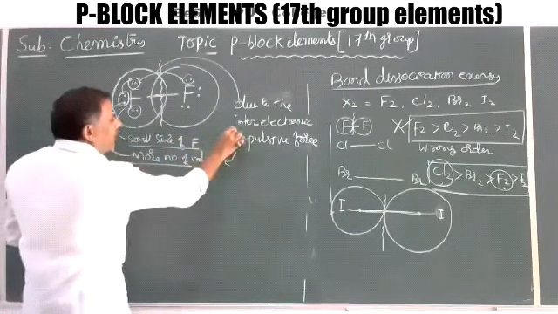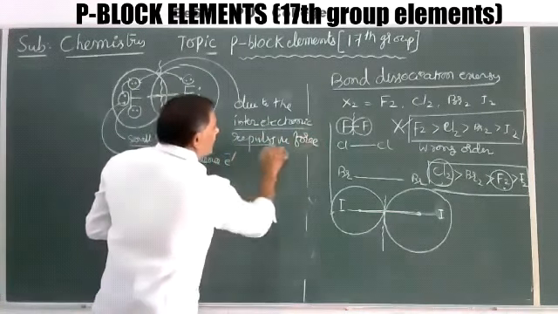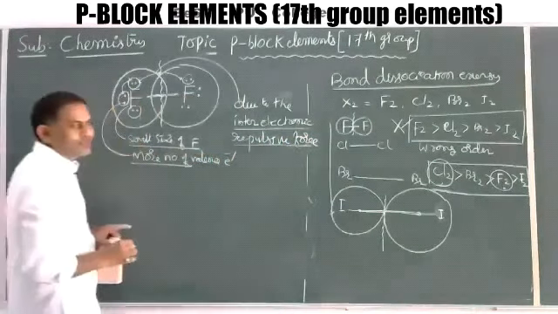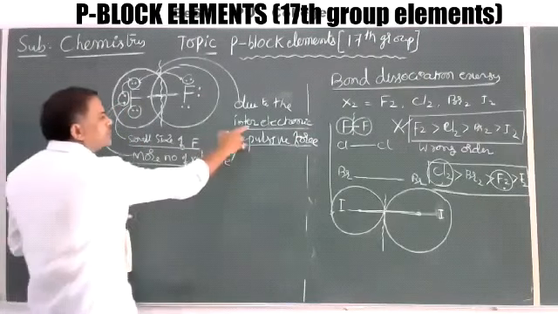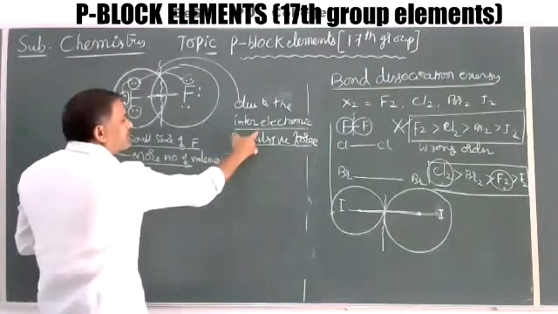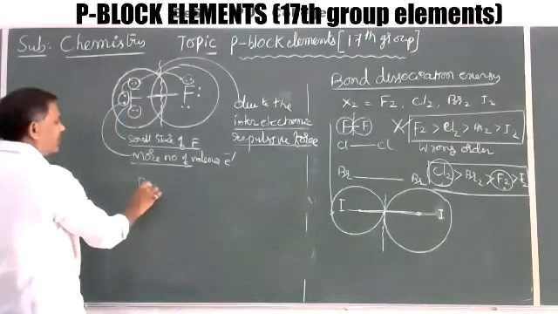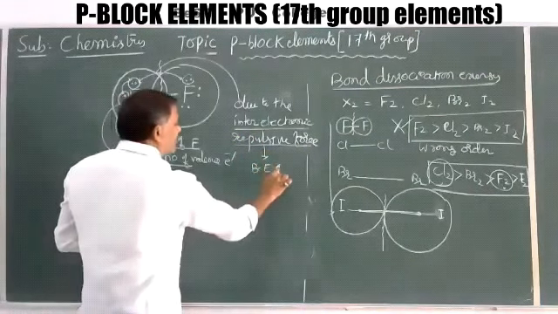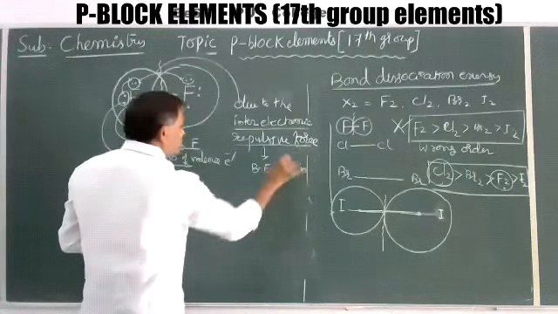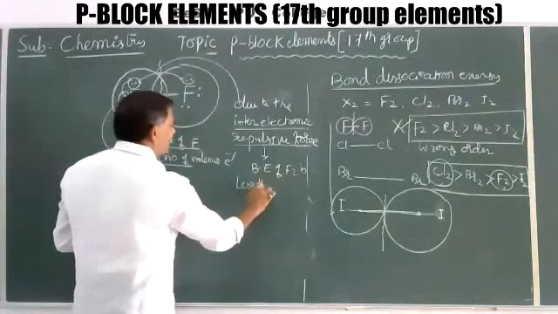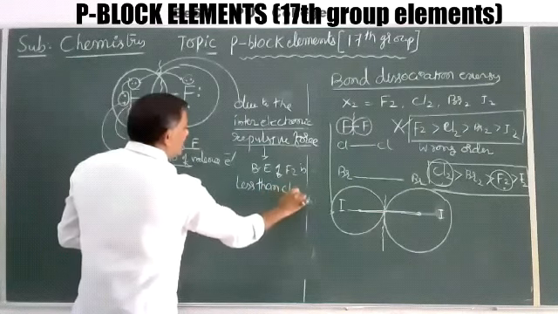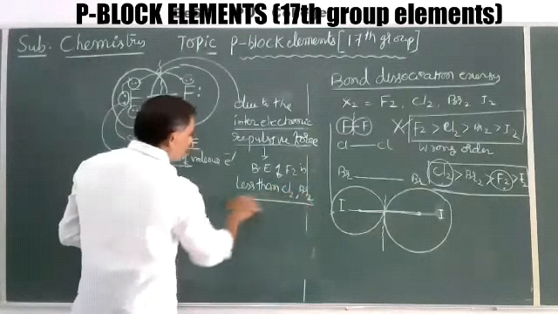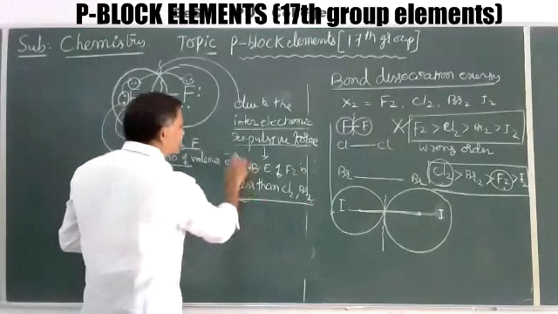That is called interelectronic repulsive forces. So due to the more interelectronic repulsive forces, the bond dissociation energy of F2 is less than Cl2 and Br2. This is a very, very important reason.